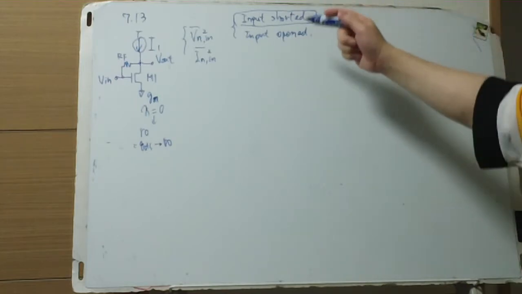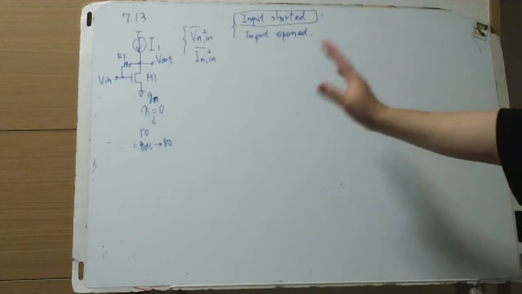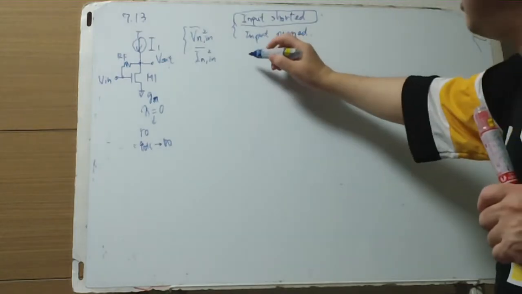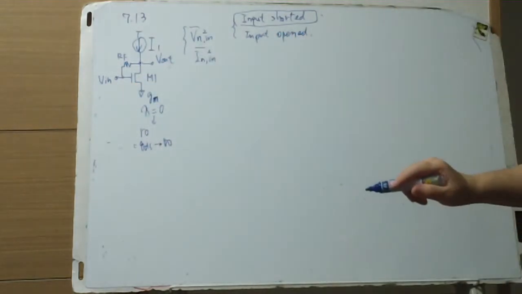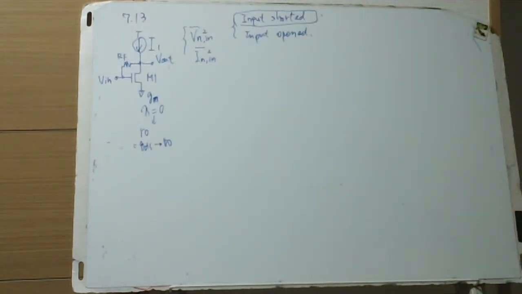But in both cases, what we need to present first is the voltage gain of the feedback common source amp here.